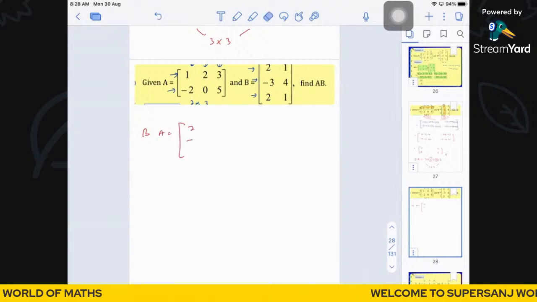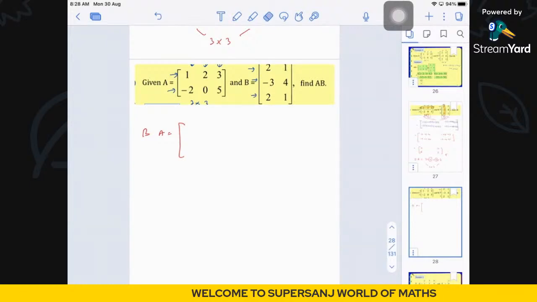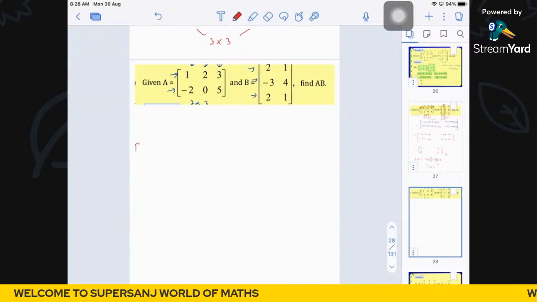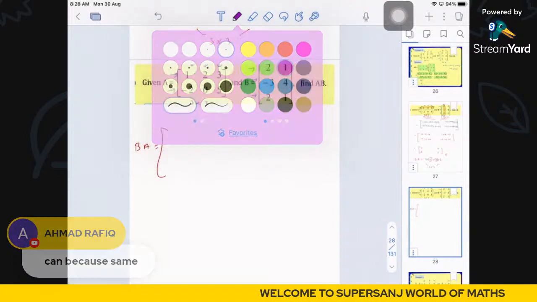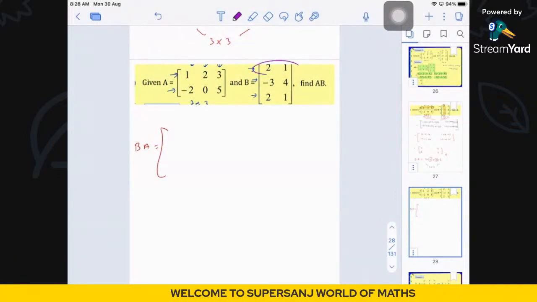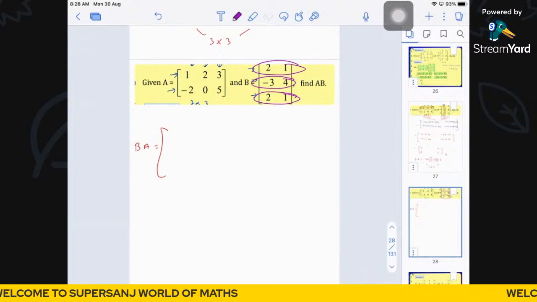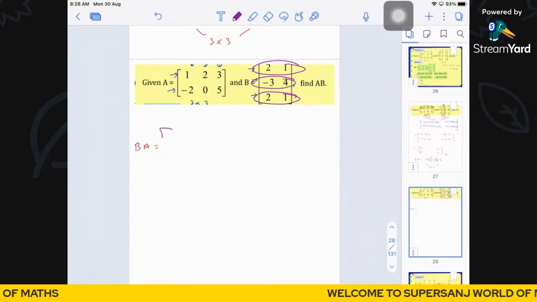First the row. 3 rows there. So all together got 3 rows. Yes or not? So we see 3 rows over there is going to be 2 bracket plus 1 bracket.